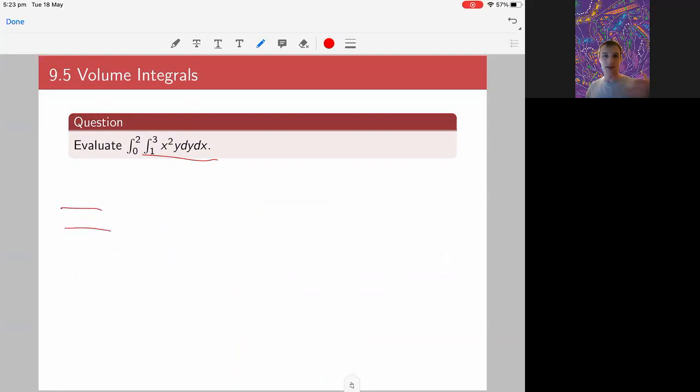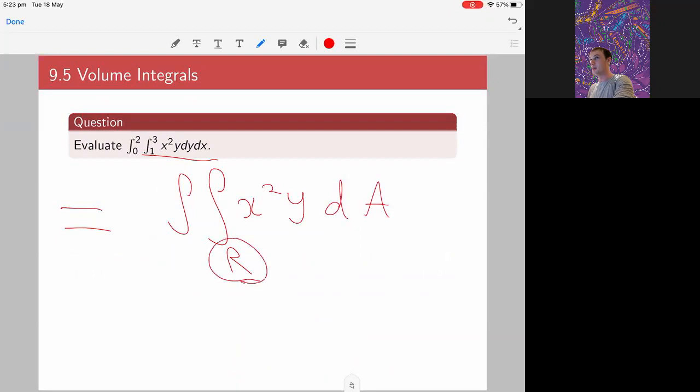From our previous discussion, we know that this is the same as the integral of x squared y dA, integrated over this region R, which is as follows. So x is going from 0 up to 2, and y is going from 1 up to 3.